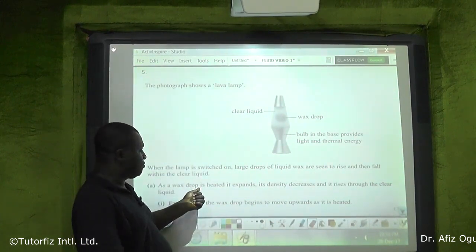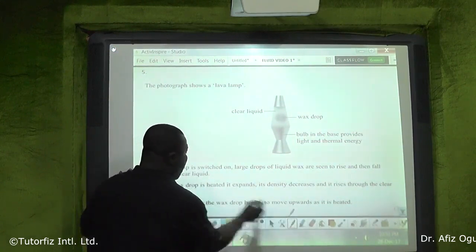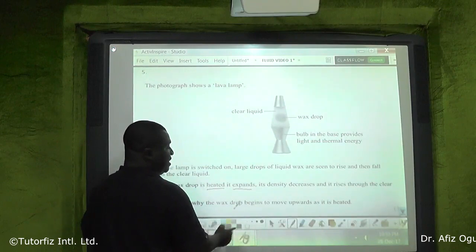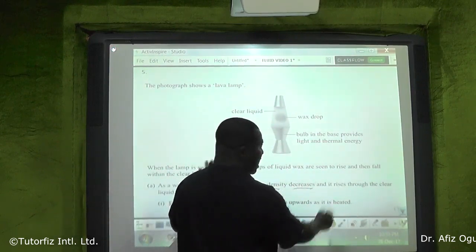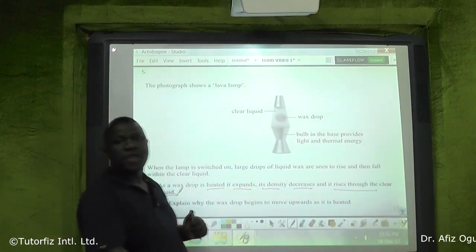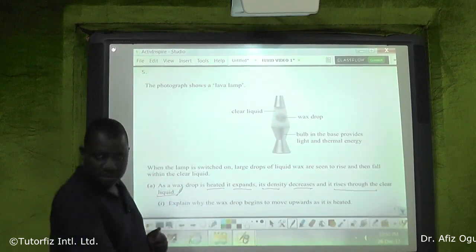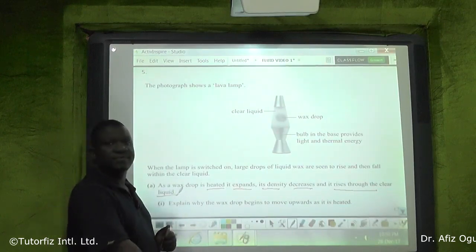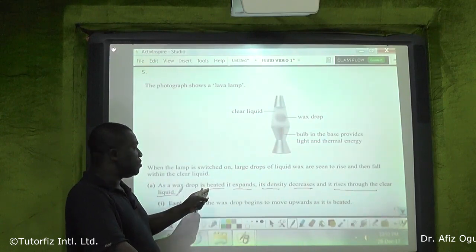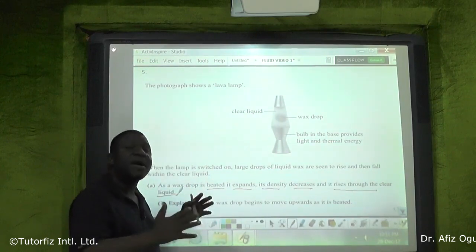As the wax drops, it is heated. When heated, it expands, its density decreases, and it rises through the clear liquid. I know in your O level, GCSE or IGCSE, whichever one you are doing, or SSCE, you must have studied something like this, that when we heat it, it expands.